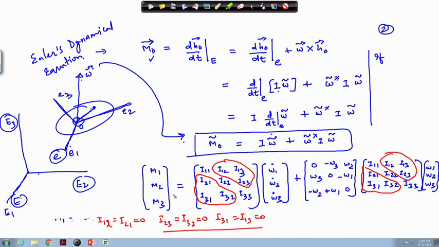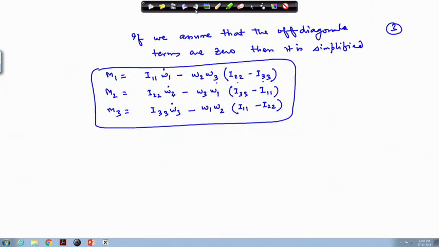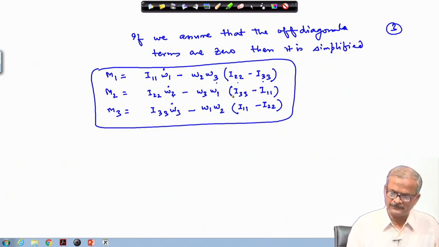So, if this torque is known, then if we transport this whole part from this side and put it on the left hand side, we will be able to integrate this equation. In this full format also we can integrate, or in the format which we have here also we can integrate.